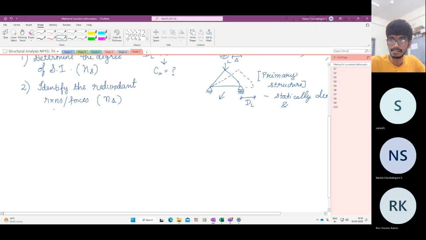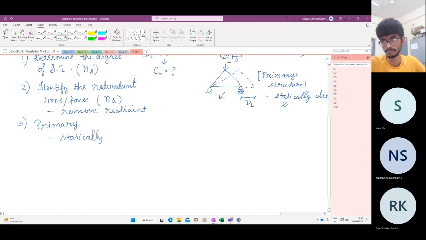Once you have identified, then remove the restraint imposed by these redundant forces or reactions. Now, whatever structure you get by removing this extra restraint is called a primary structure. And we have to ensure that the primary structure is statically determinate and it is stable.